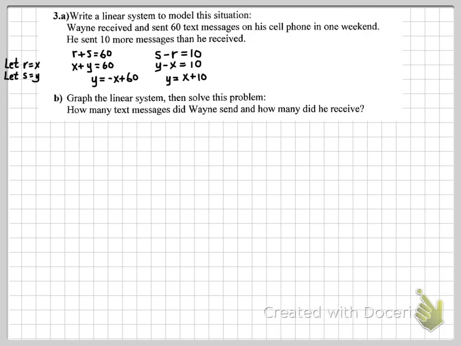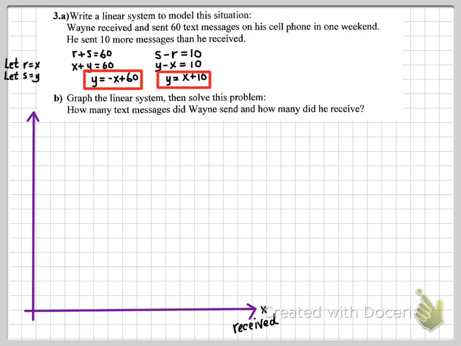Now I can enter them into my graphing calculator and find the intersection point. I'm going to start at 0, but this time I'm going to change my window because I can send and receive up to 60 text messages. So I'm going to make both my axes go to 60.